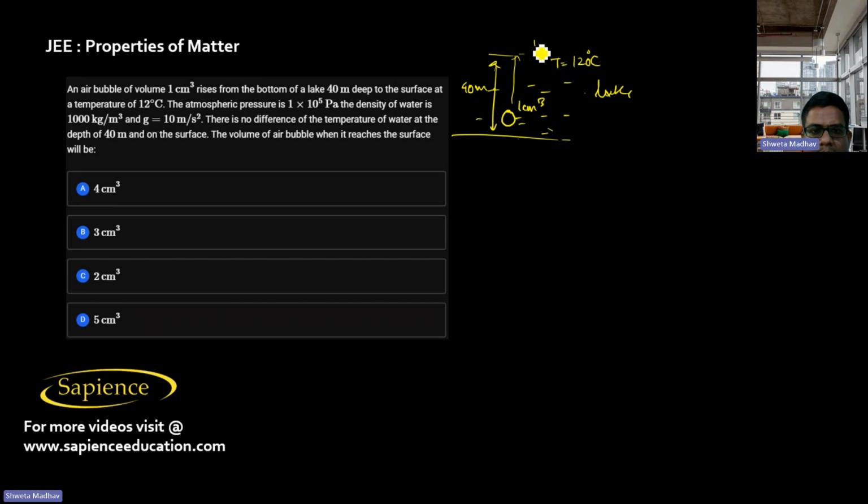And the atmospheric pressure is 10 power 5 Pascal. The density of the water is 1000 kg per meter cube, and g is 10 meter per second square. There is no difference of the temperature of water at the depth of 40 meter and on the surface.